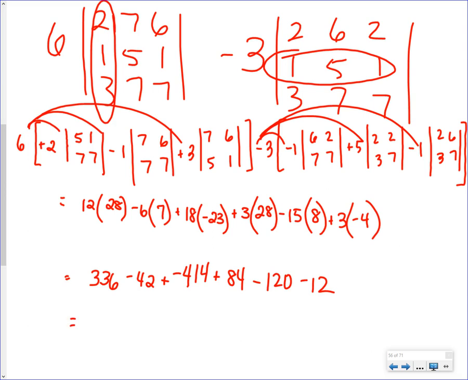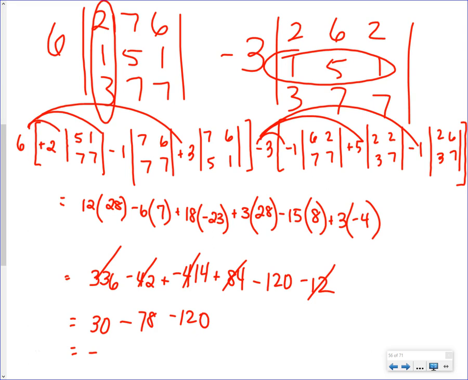Something nice. Do 84 minus 12 will be 72, minus 42 will be 30, minus, that's going to be 64, 74, 78. $198 and 30.